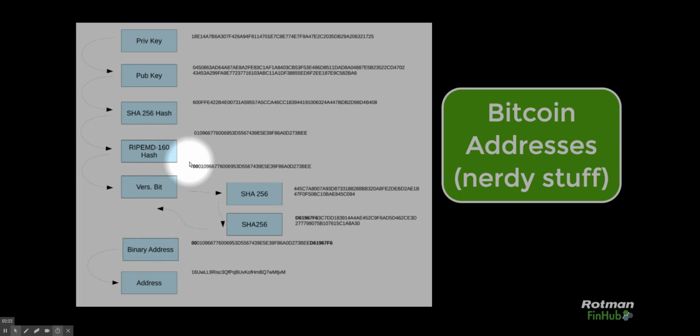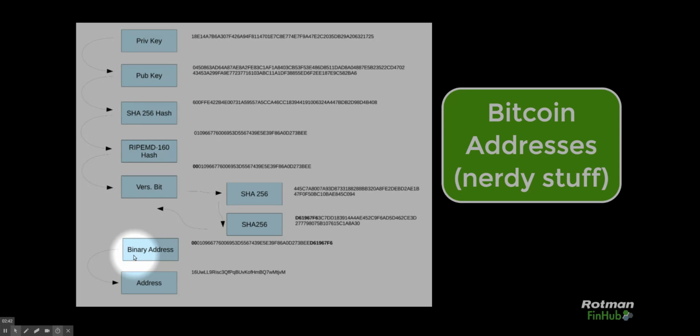Then it adds 2 zeros to it, takes the bit version of it, hashes this again, and then hashes that hash again, takes the first 8 digits, and adds it to this particular hash, which starts with 2 leading zeros.